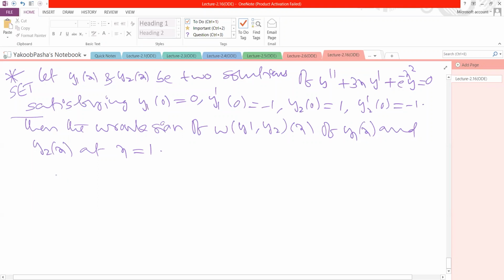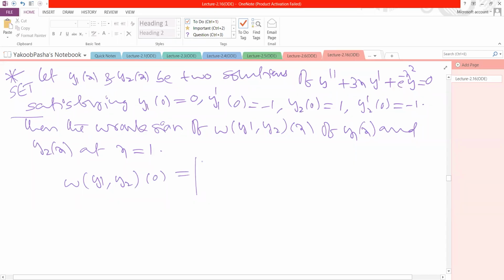Okay, now we are given the y1, y2 values at the origin, at 0. We need to find the Wronskian at the point x is equal to 1. So first I am finding the Wronskian at 0. That means Wronskian of y1 comma y2 of 0 we are finding.